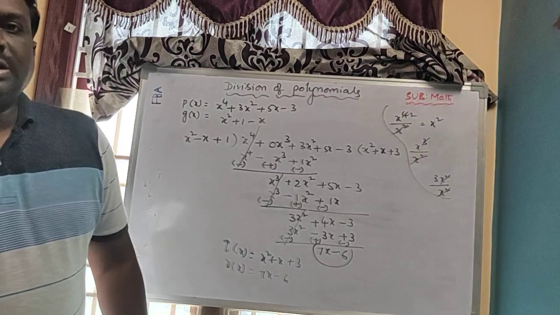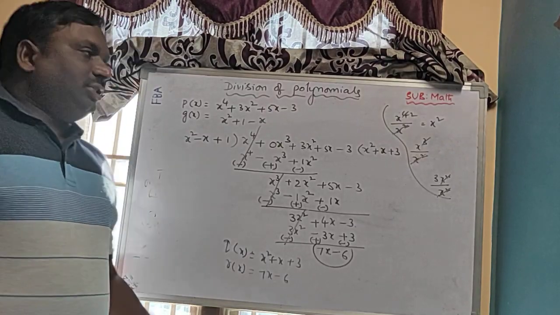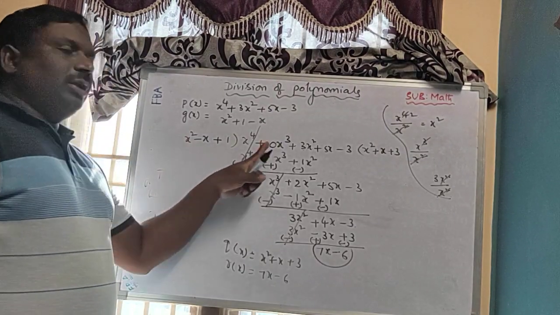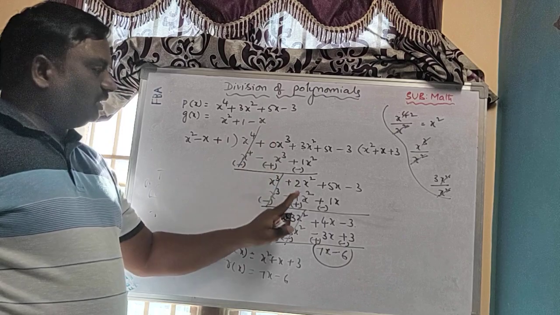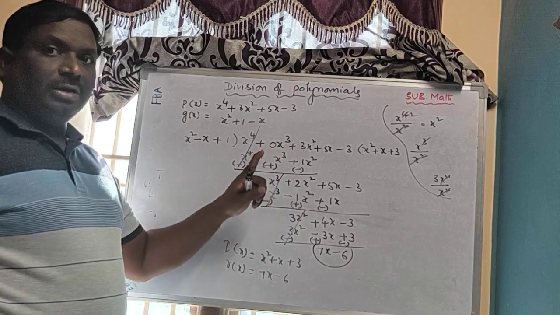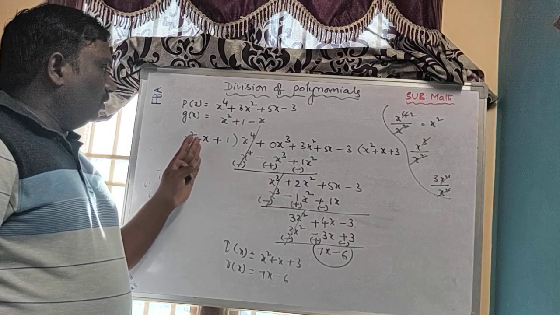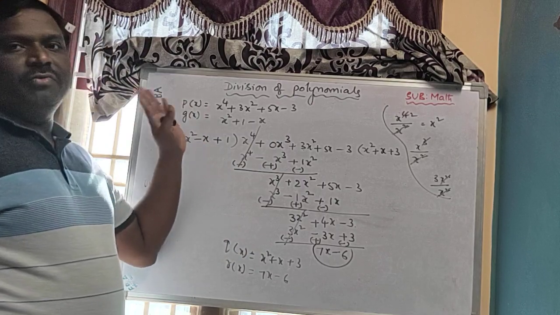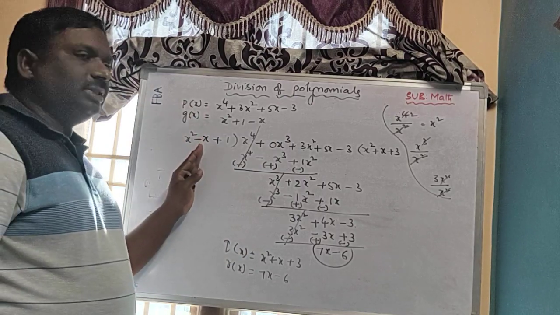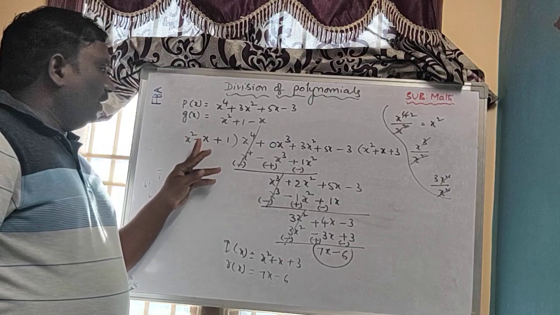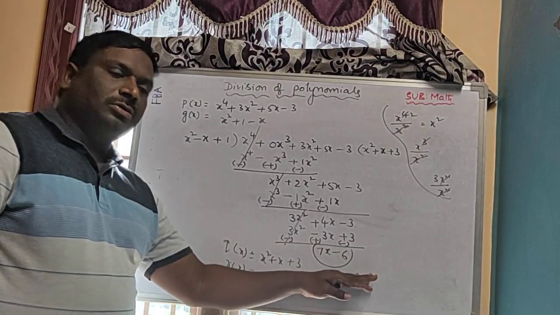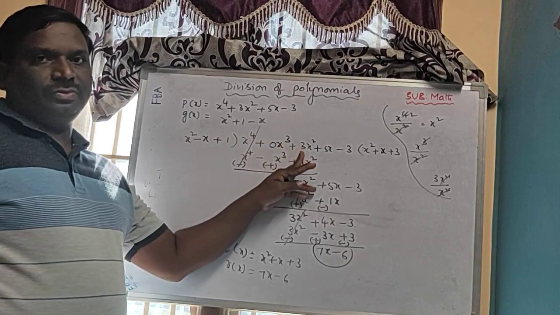The second model is to check whether g of x is a factor of p of x or not. From this example, second model I am explaining with this question only. Check whether g of x is a factor of p of x or not. So how can we decide? When the remainder is 0, then g of x is a factor of p of x.